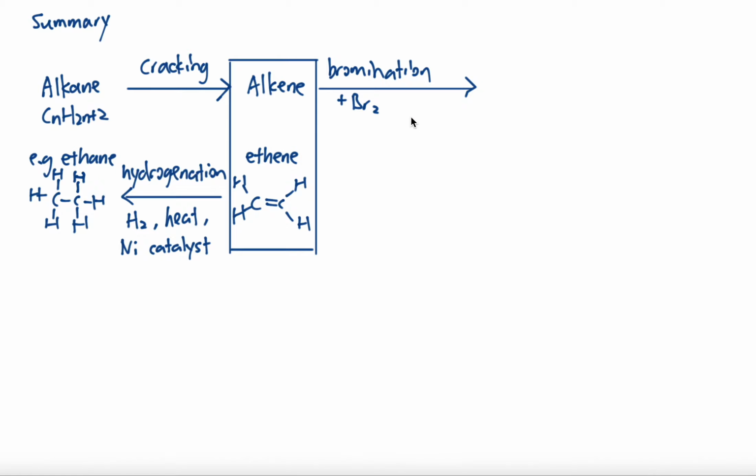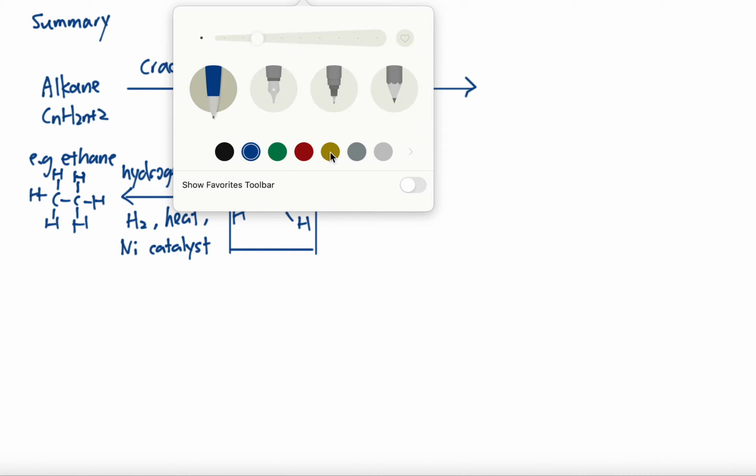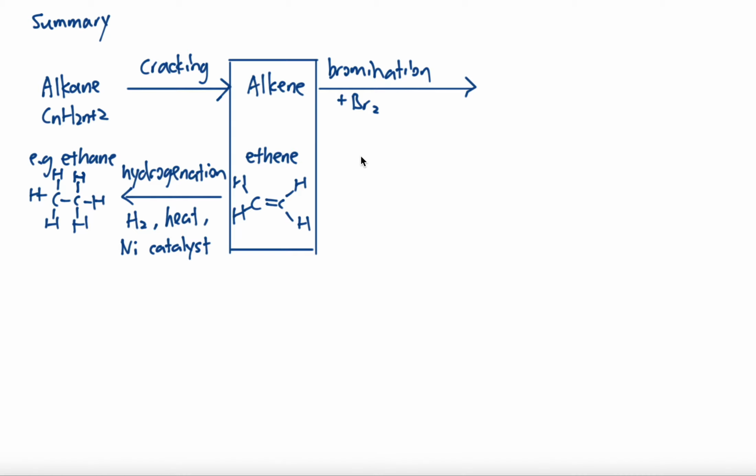It adds a bromine molecule, and this happens at room temperature. It has a color change. The bromine water will be decolorized, from the original color of orange to colorless.